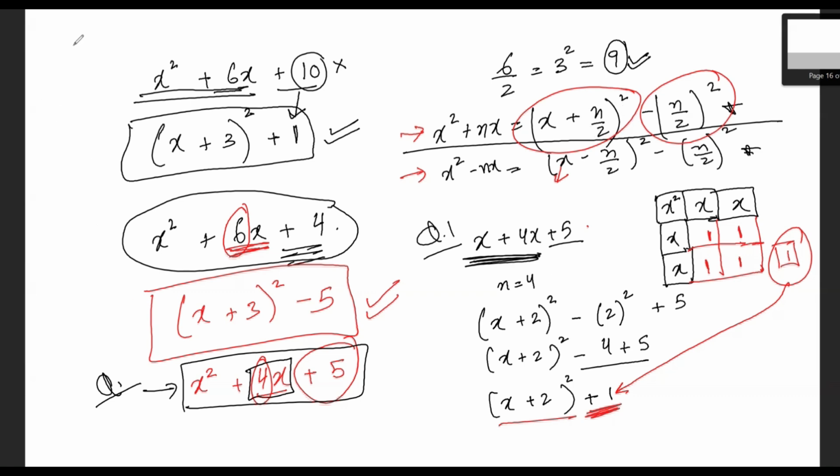So for example, if I write x square plus 9x plus 18, she knows the formula is x plus n over 2, right? 9 divided by 2 square, okay? And then minus n over 2 whole square. So minus 9 over 2 whole square plus 18. That's what she did in her direct way, right? No need to write the formula, okay?